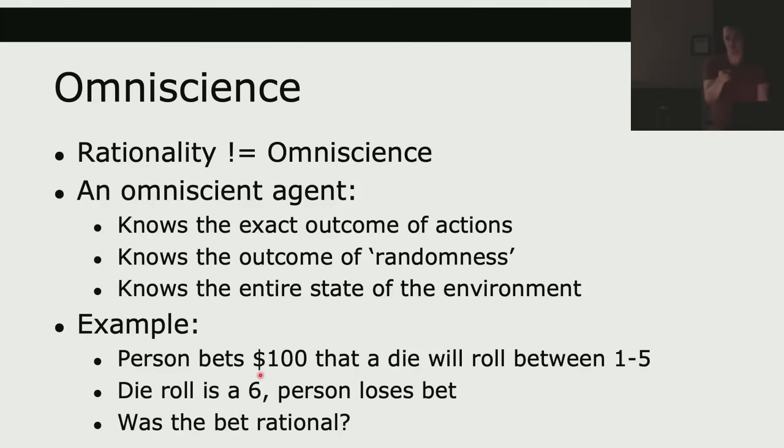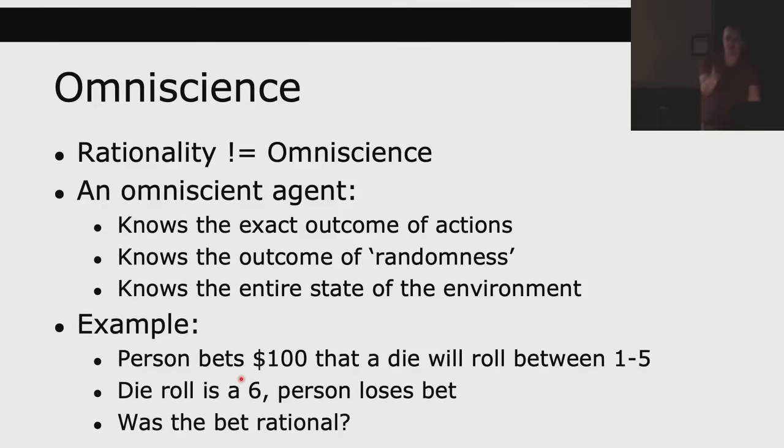No? Oh, you would? Why? Because I have the more possibility. Yeah. We'll talk about this a bit later, but this thing called expected value: when it comes to randomized actions, on average, how well do I expect to perform? If you did take that bet, and I rolled it, and it came out a 6, was your bet still rational?